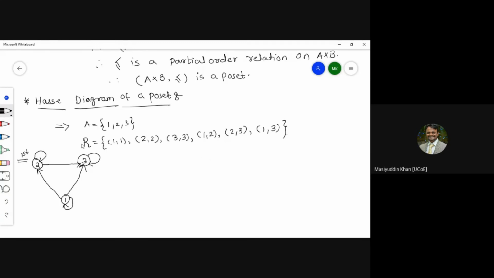In the second step, always remember, I'm just representing it chemistry type, remove reflexive pairs, or remove reflexive relation. So it will be good.